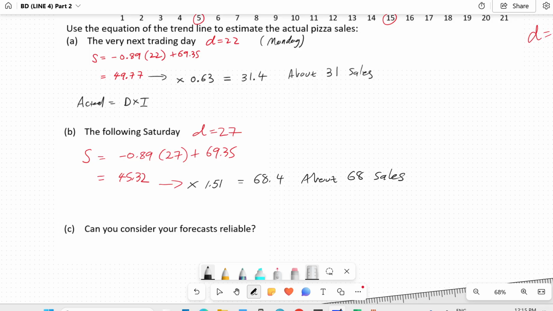Okay, so there are our forecasts for each of those days. So that's the little twist at the end of these deseasonalized type questions.